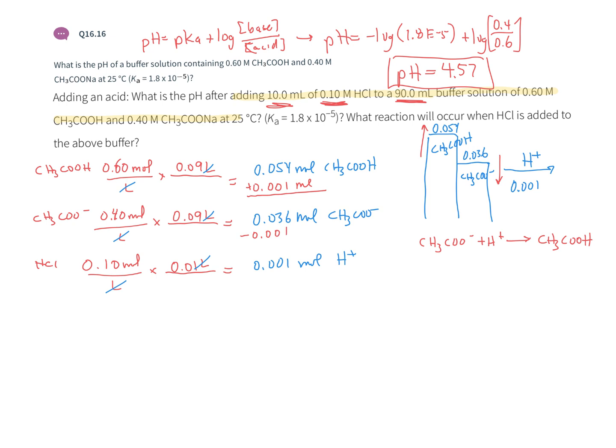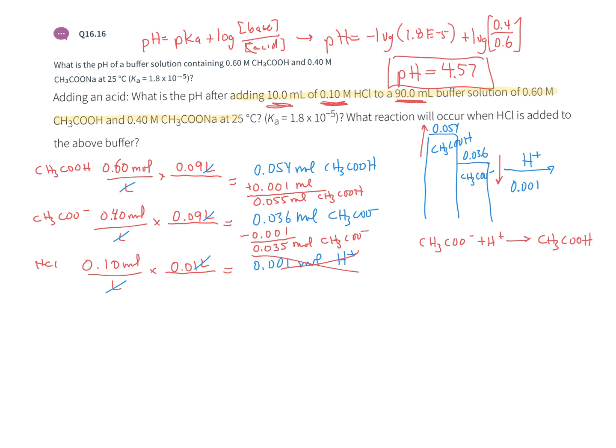I'm going to subtract it from my acetate because I'm protonating that and reacting with that, so that amount goes down. So 0.035 of my acetate, 0.055 moles of my acetic acid. And more importantly, all of the hydronium reacts completely.